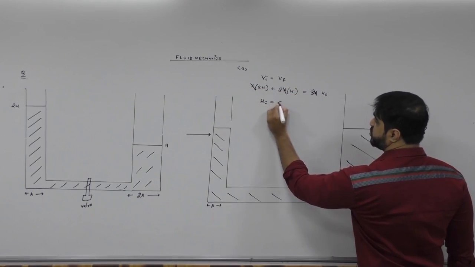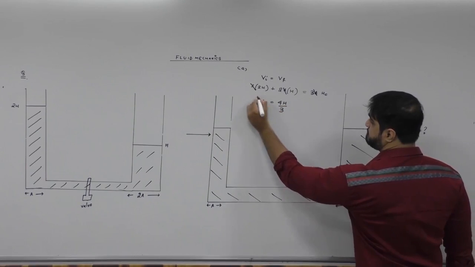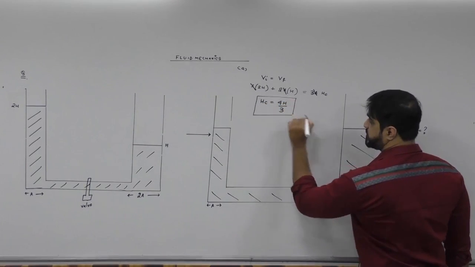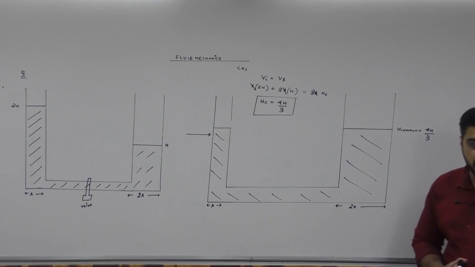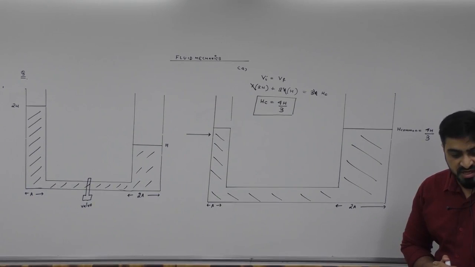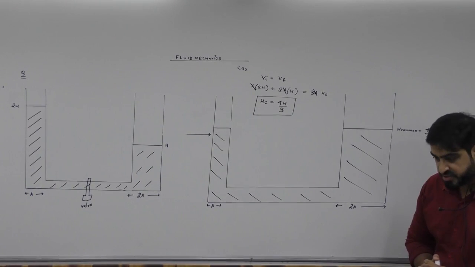H common is going to become 4H by 3. Is correct. This is the first answer. By which this H common will come as 4H by 3. So they are achieving a height of 4H by 3 after getting redistributed.